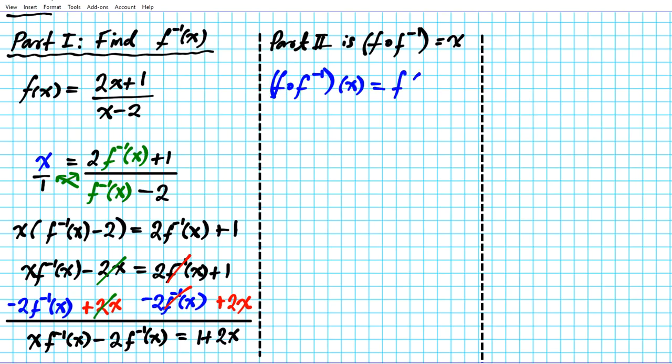Alright, so to carry out this composition, we're going to start off by writing down what the outer function is. The outer function is what we started with, f of x equals 2x plus 1 over x minus 2.